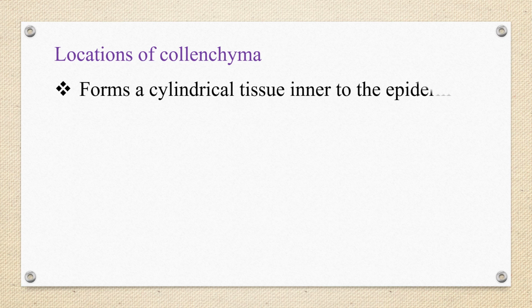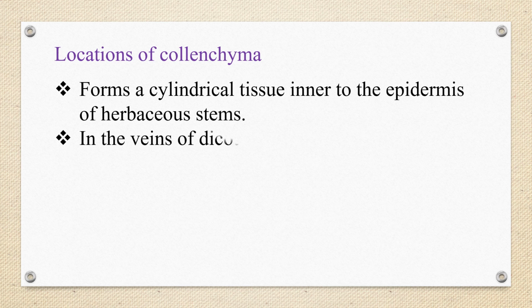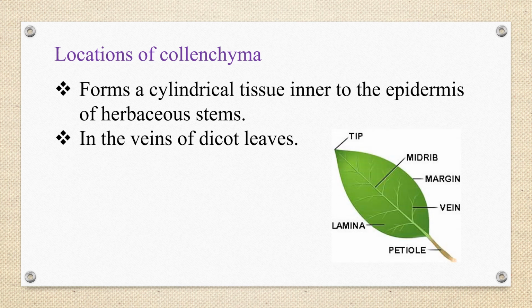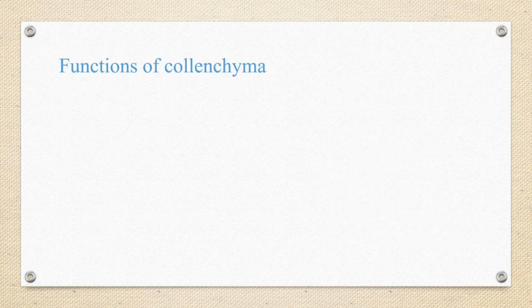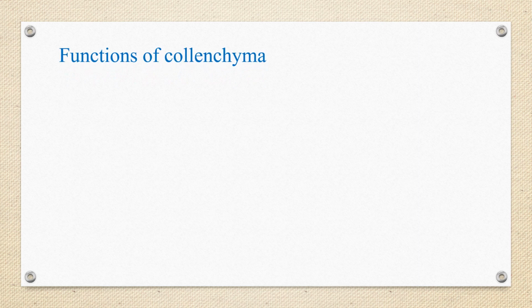We will see where this collenchyma tissue has located. Forms a cylindrical tissue inner to the epidermis of herbaceous plants. In the veins of the dicot leaves, this is a figure of a dicot leaf. There are veins. Those veins have composite collenchyma tissue. Let's learn about the functions of the collenchyma tissue.